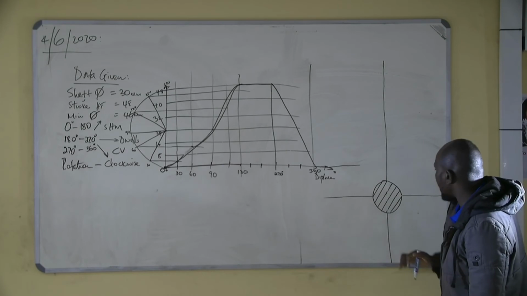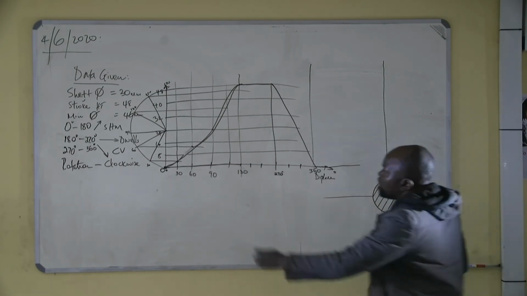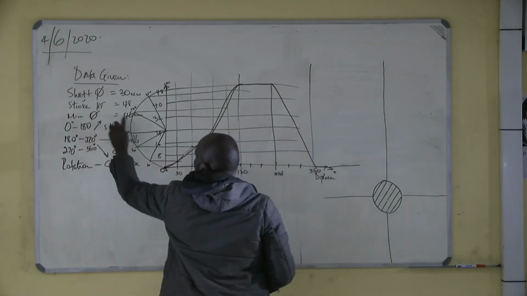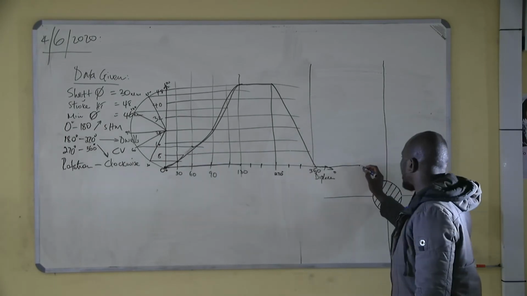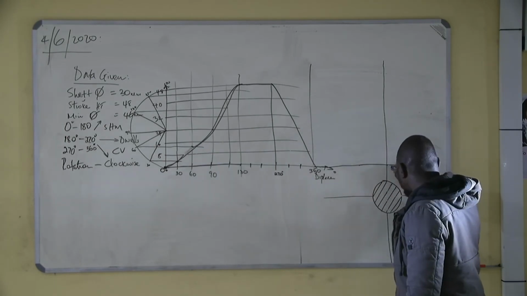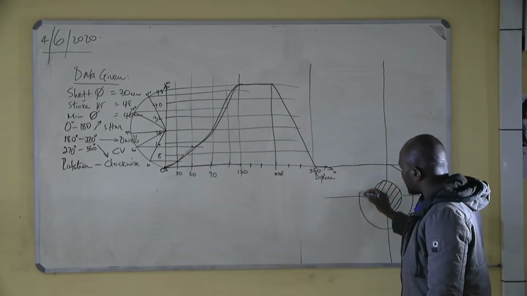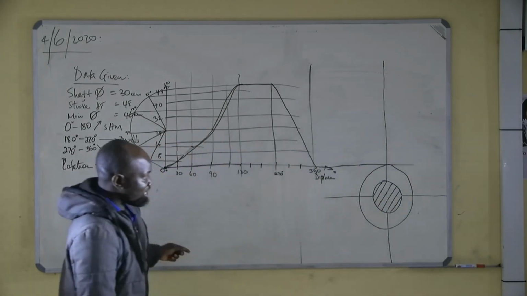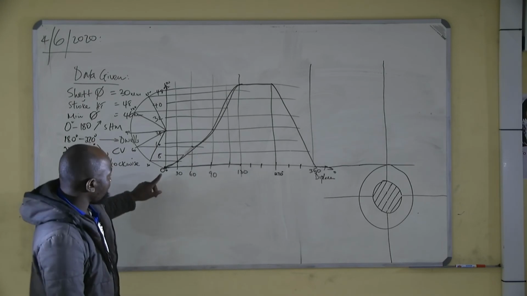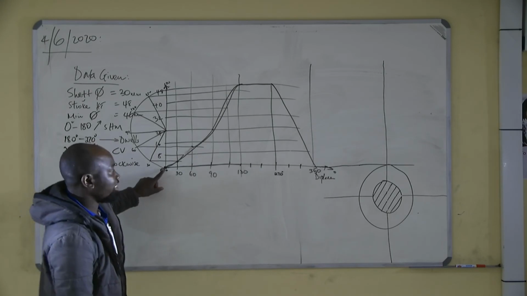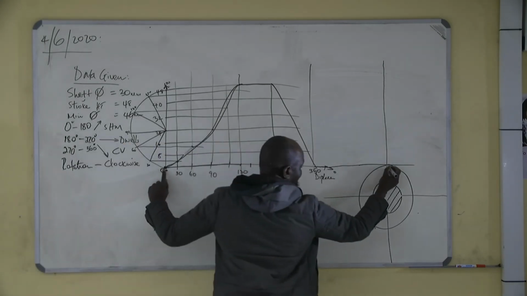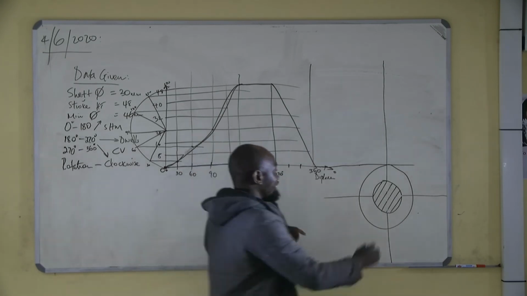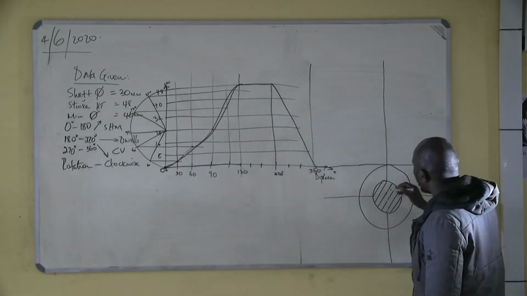So please make sure that those lines touch all the ends of the circle. And the minimum diameter, 46, so that should come up to this line, the 46. Now, that is your starting point. Now, your starting point is at 0, which is that mark.